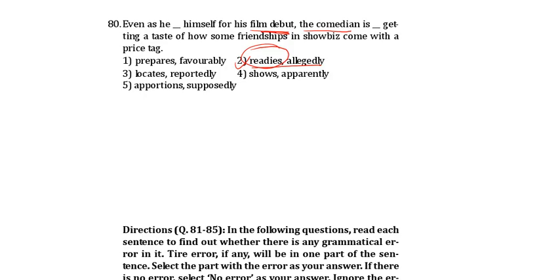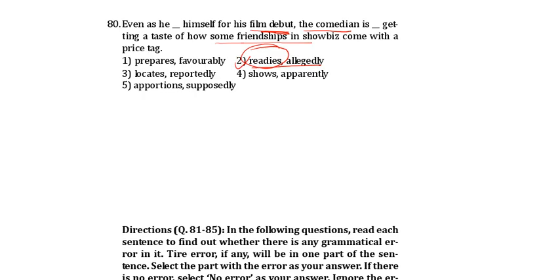Still he didn't get the first chance, but he is getting so many offers because of some friendships in the film industry. If there is a background in the film industry, so many offers will come to one particular actor or actress. That means the background in the film industry will help to get more offers. So even as he readies himself for his film debut, the comedian is allegedly getting a taste of how some friendships in showbiz come with a price tag.